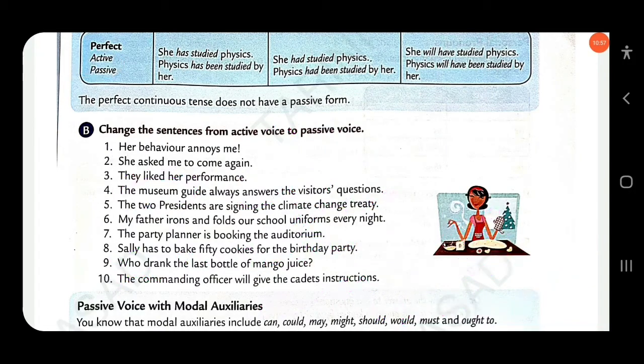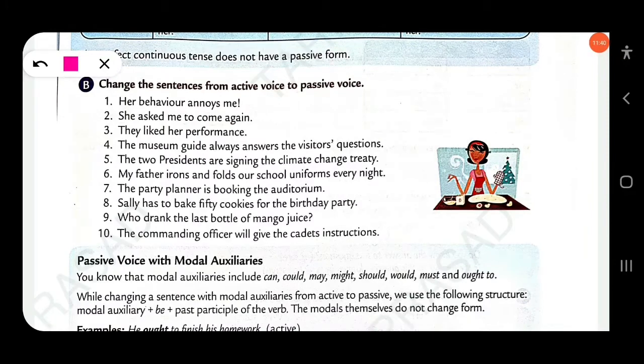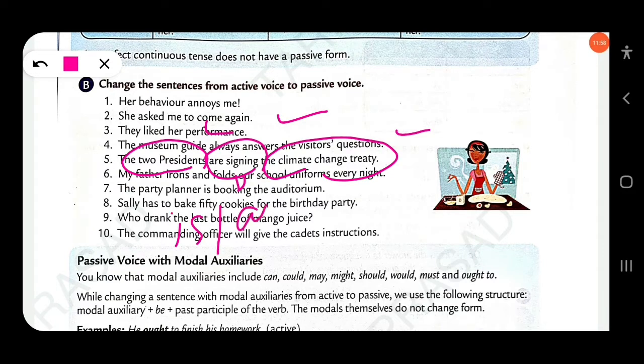So then next question here. The two presidents are signing the climate change treaty. So here the subject is the two presidents, the verb is are signing, and the object is the climate change treaty. So here the verb is used in present continuous. That means you have to use this format: is, am, are plus being plus V3, the third form of the verb.